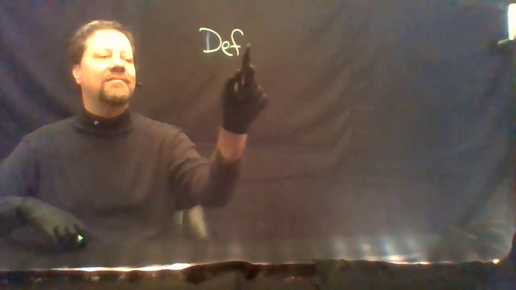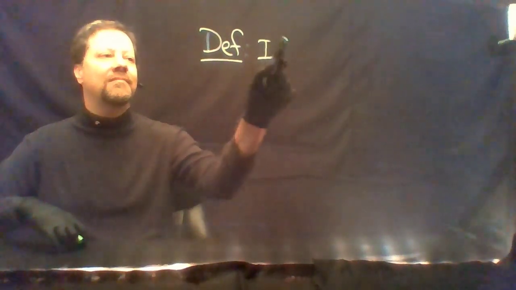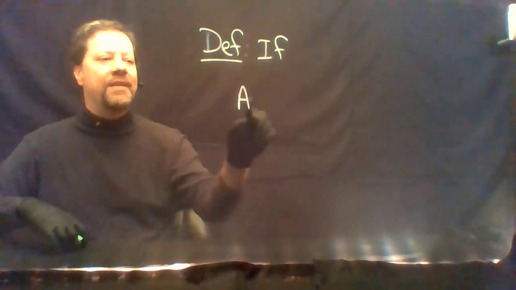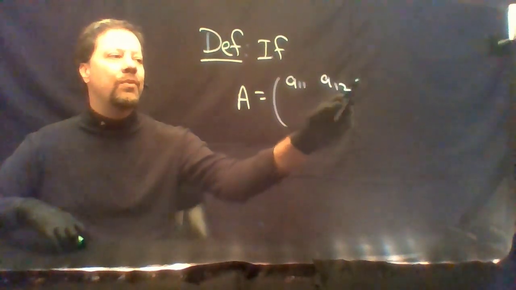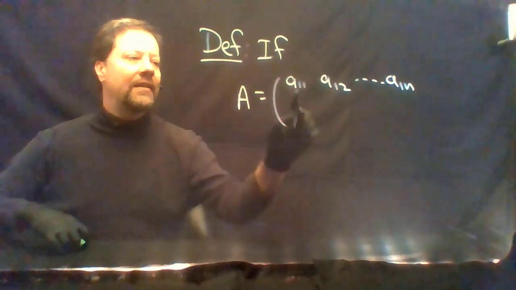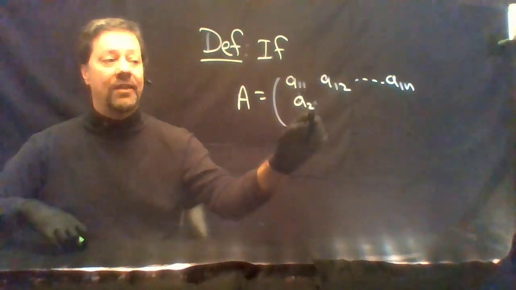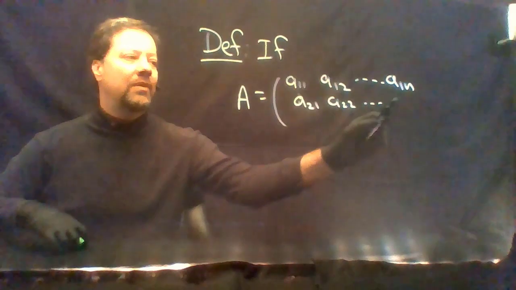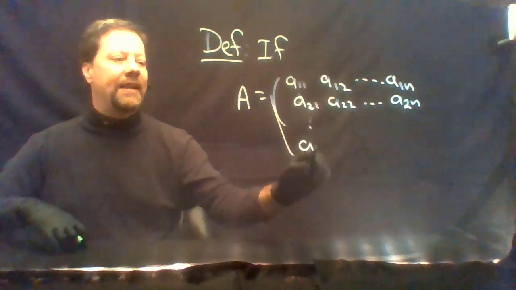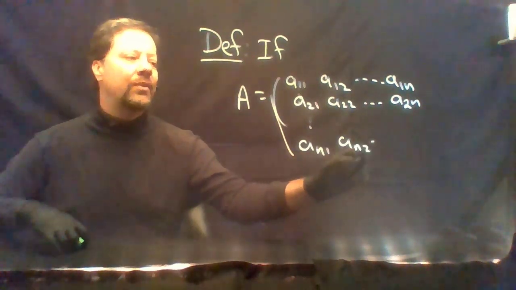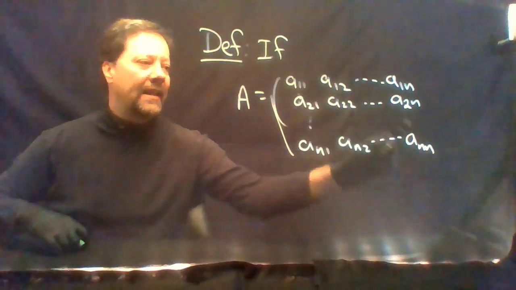We're now ready to define what we mean by the determinant of an n by n matrix. Suppose our matrix A has the form A11, A12, over to A1n. Well, the second row will be A21, A22, over to A2n. The last row will be AN1, AN2, terminating in ANN.